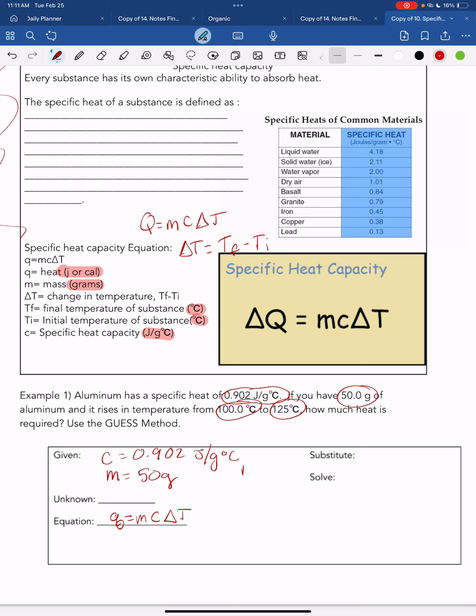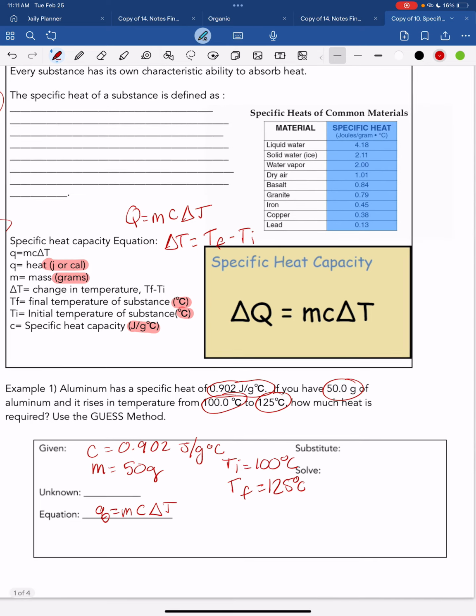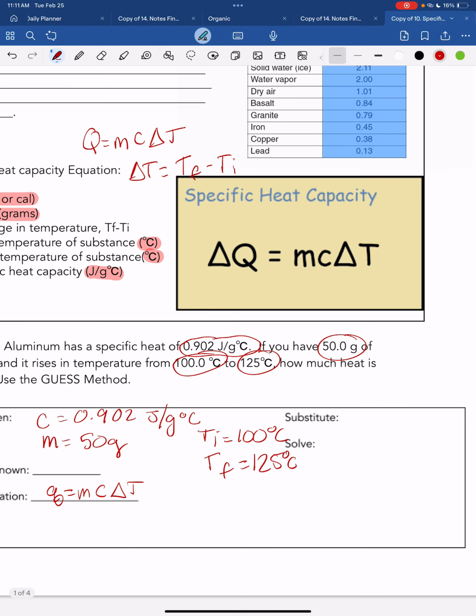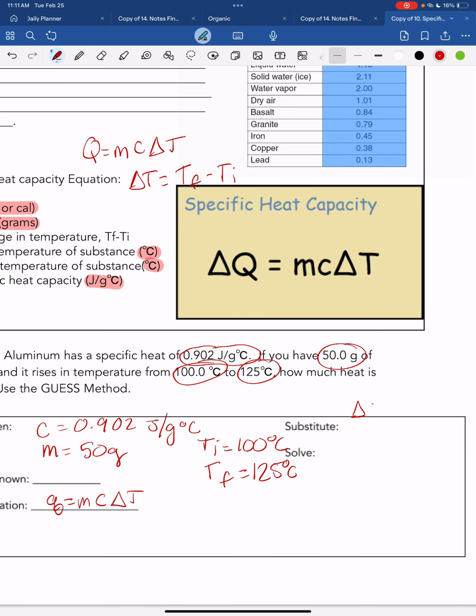T initial is 100, and T final is 125 because it's rising from 100 to 125 degrees Celsius. So your first step is to find your change in temperature, which is T final minus T initial. So we're basically just subtracting the final minus the initial temperature. So 125 minus 100, we got 25 degrees Celsius.